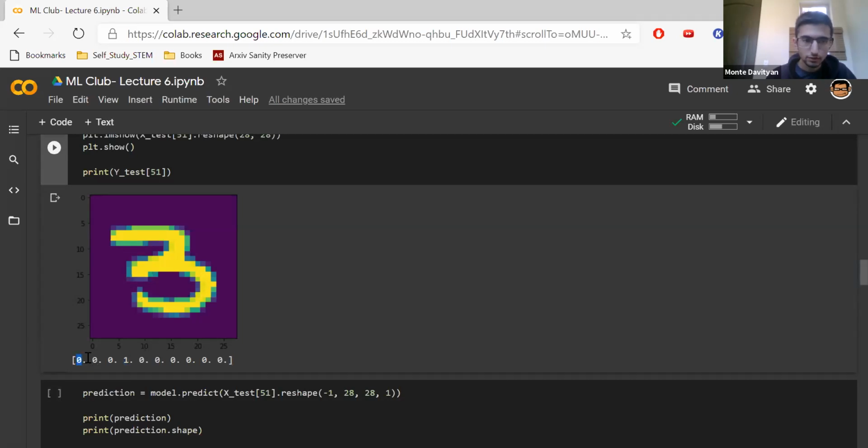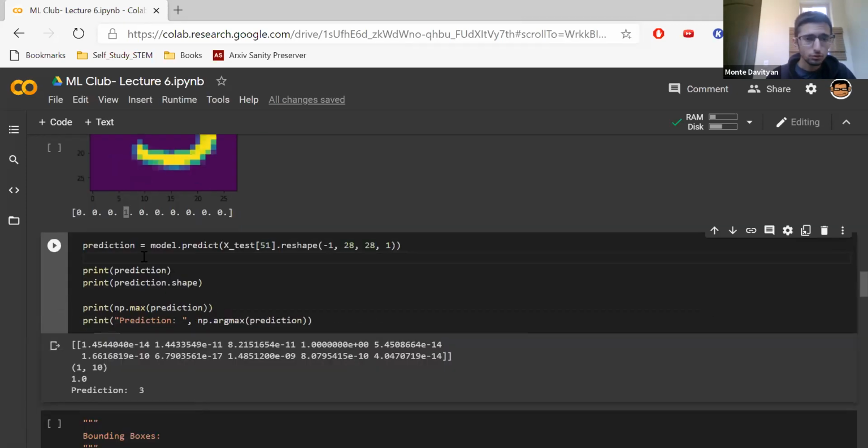This is the 0th index, the 1st index, the 2nd index, and then this is the 3rd index. And so we do model.predict on the 51st X test image. And again, for technical reasons, TensorFlow wants 3-dimensional data, so we reshape the data to be 28 by 28 by 1.